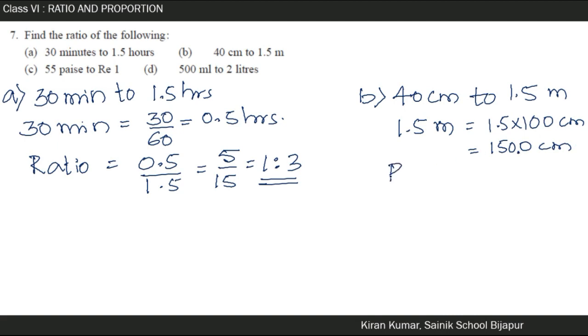So the required ratio will be 40 upon 150. Both these zeros will get cancelled, or you can say that both are divided by 10. We'll be getting 4 is to 15. This is the required ratio.